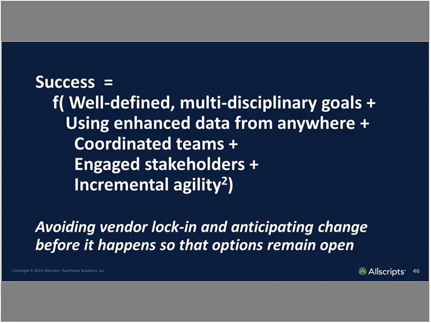The last point I want to bring up with regards to a successful population health formula is incremental agility. And in this case, I mean the idea of avoiding vendor lock-in and anticipating changes that can happen in the market, in technology, and in the population health campaigns and programs that you're putting together so that you have options that remain open to adjust to those changes.